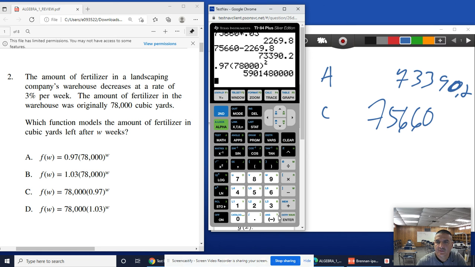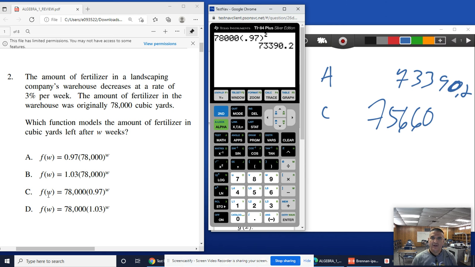What happened there? But C, 78,000 times 0.97, second week. That gave me the right answer. So that one is C.